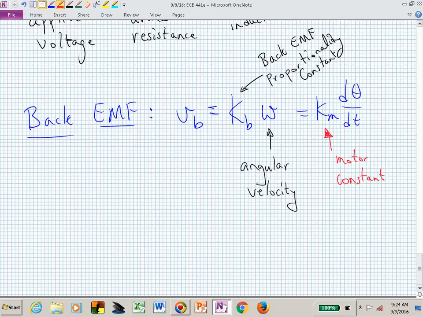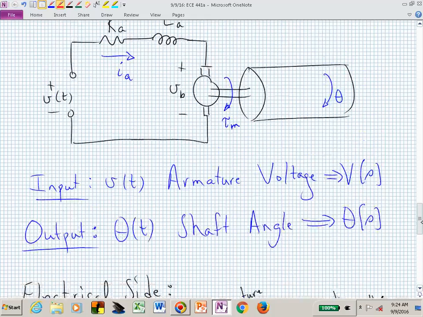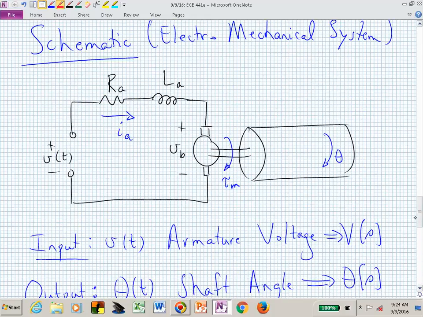the voltage V sub B, which, if you look at this circuit, and let's say that we apply a constant voltage to that motor, and we're trying to get it to spin up, and let's say that the motor shaft is not spinning yet, then what's V sub B? If the shaft is not spinning, and V sub B is K times omega, and omega is 0, V sub B is 0, isn't it?